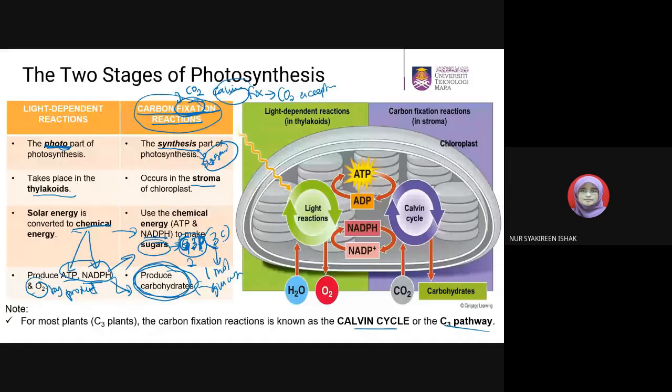Why do we call it the C3 pathway, or the plants that carry out the Calvin cycle C3 plants? Because the first product of carbon fixation is a 3 carbon sugar, which is G3P. Before it becomes G3P, it becomes a compound we call PGA. So this is also a 3 carbon compound. Later we will look at the Calvin cycle in detail.